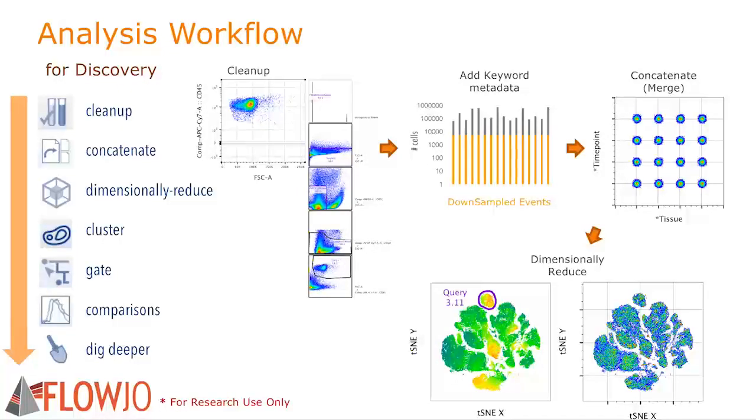Well, first off, we're going to clean up our samples, right? You aren't just going to dimensionally reduce or cluster on your raw data file with debris and dead cells in it. So you can gate just like you're familiar with in a hierarchical way, and drop those gates onto a group so that all the samples get gated. In this case, I've actually used an automated plugin approach called FlowAI to scan through the original file right at the root level and cut out any bad events that were outside of certain thresholds.